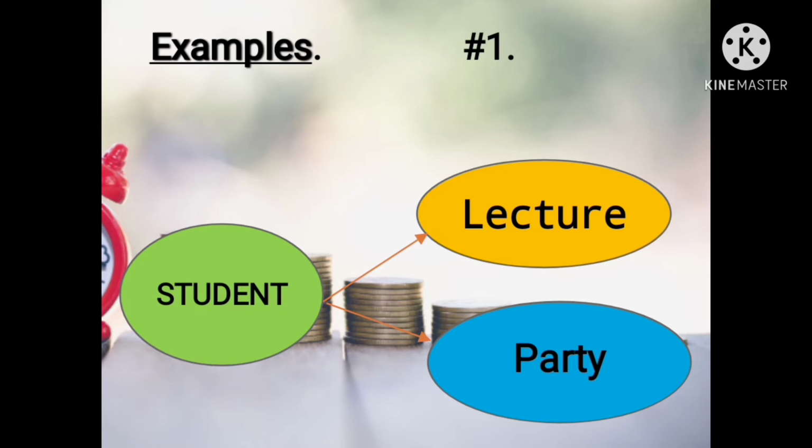One of the two has to become the opportunity cost because he can't go for both at the same time. When he makes a decision to go for a lecture, the opportunity cost here is going for a party. But when he chooses to go for a party, then the opportunity cost happens to be the lecture. He's foregoing the lecture, and so that is the opportunity cost.